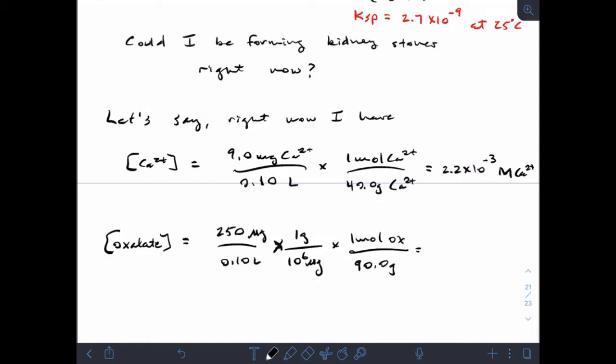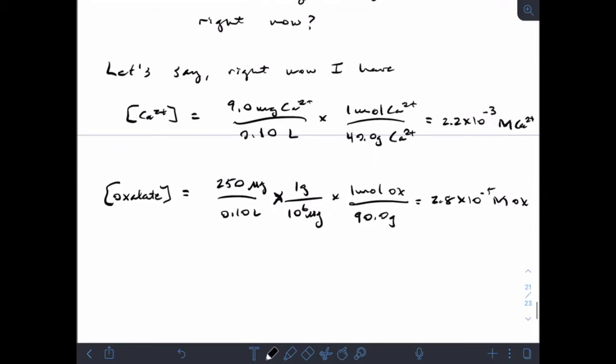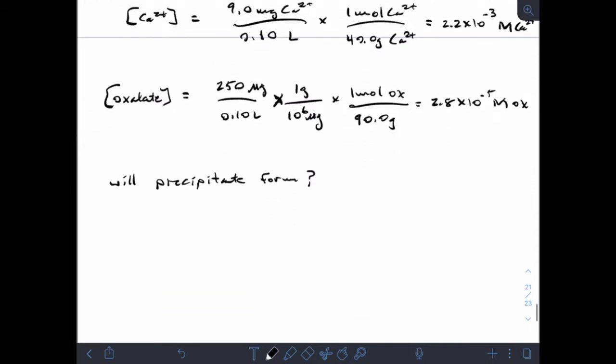So my oxalate concentration is 2.8 times 10 to the minus 5 molar. Given these concentrations, will a precipitate form? Will I make calcium oxalate crystals?